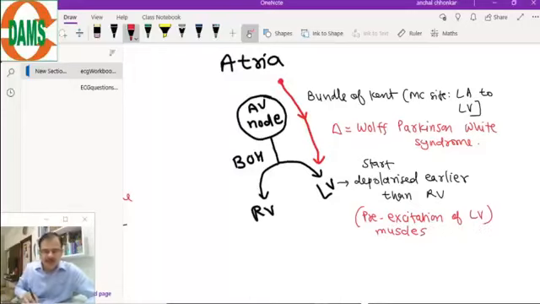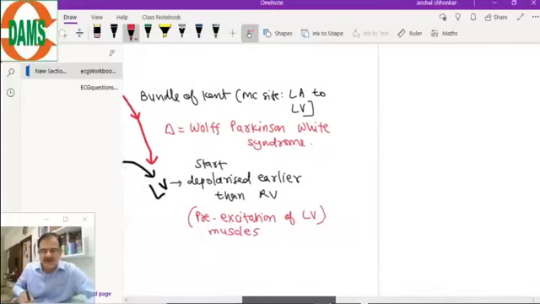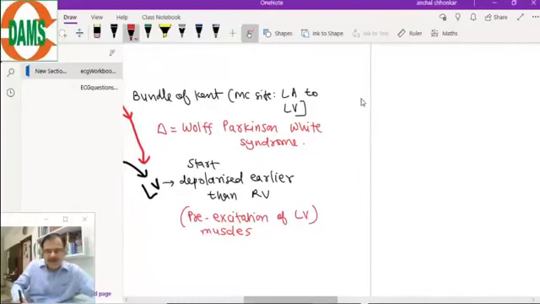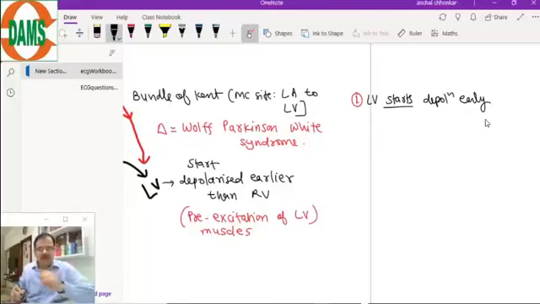So what will happen? Look carefully at the sequence of events. The sequence of events will be: number one, left ventricle starts depolarization early. But very importantly, this impulse goes to the ventricle muscles, not in the specialized conducting tissue of Purkinje fibers.